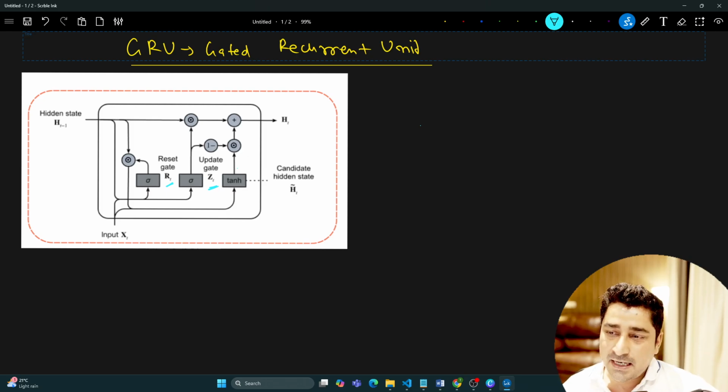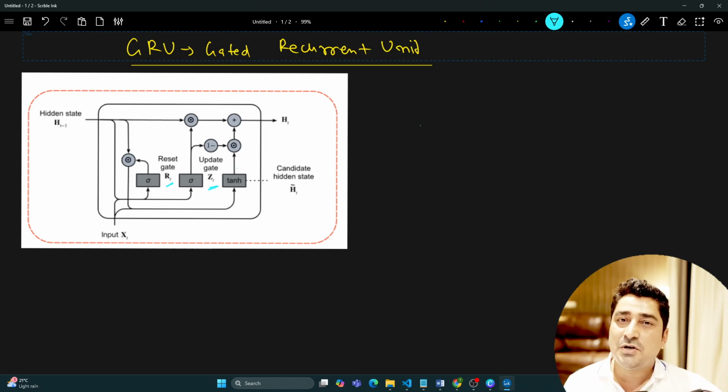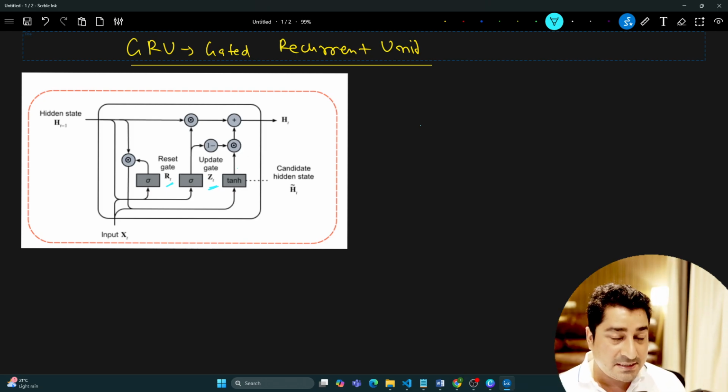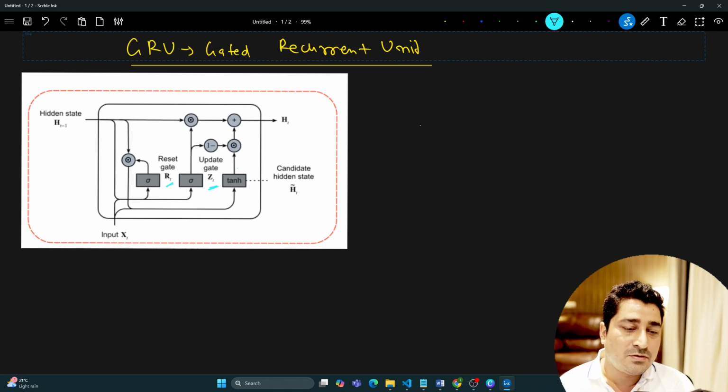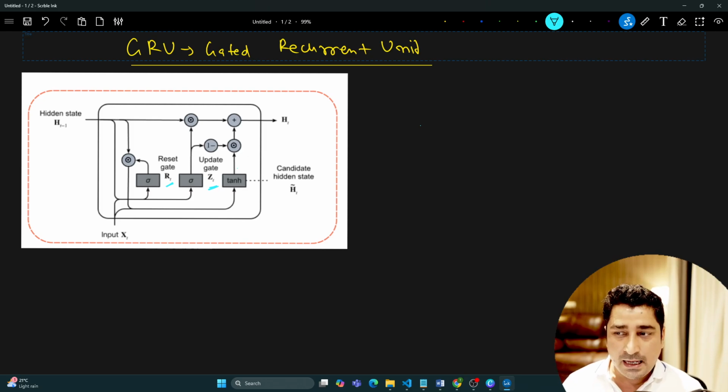The update gate, as its name suggests, is going to decide how much past information we are supposed to keep. And there is a reset gate, r t, that you are able to see, which is going to decide how much past information we are supposed to forget. And then we have a candidate hidden state in between.